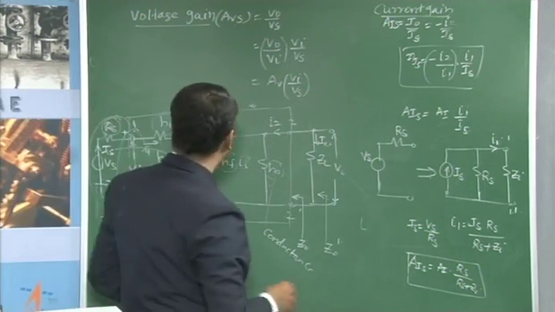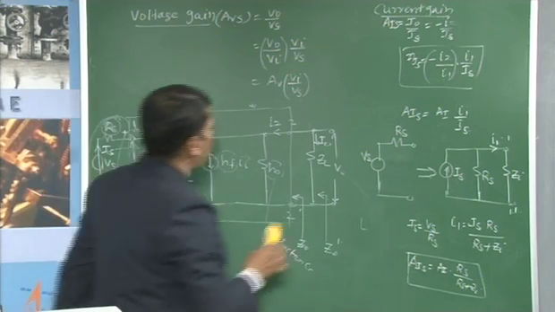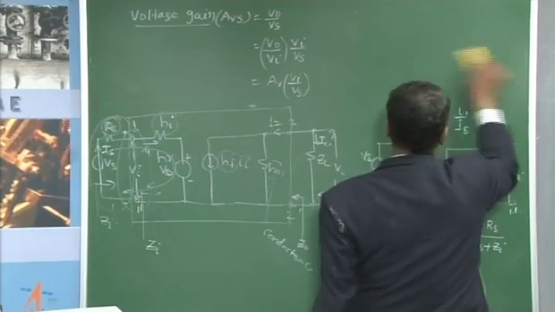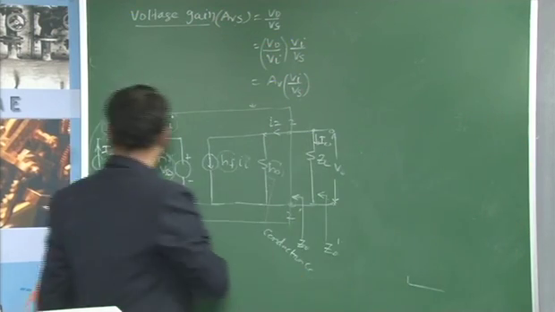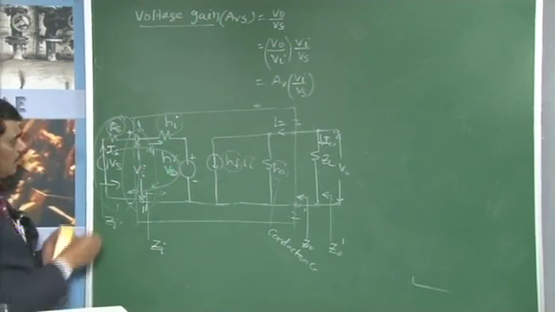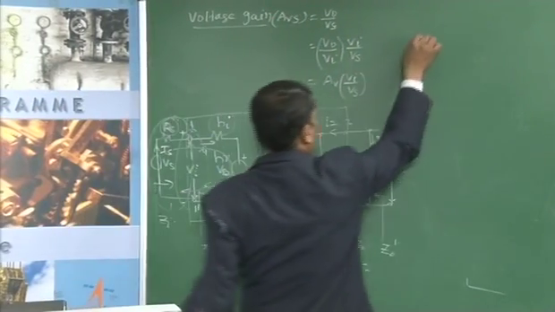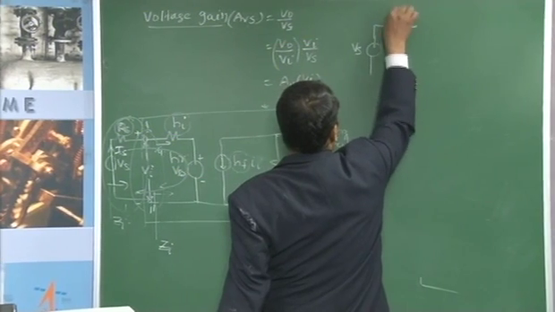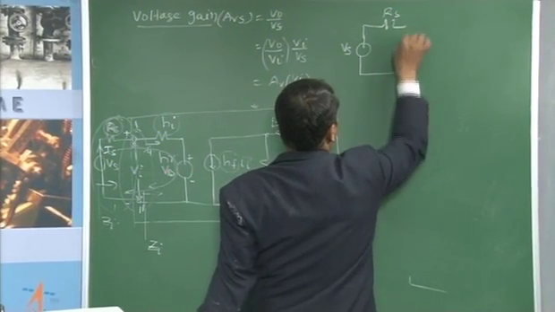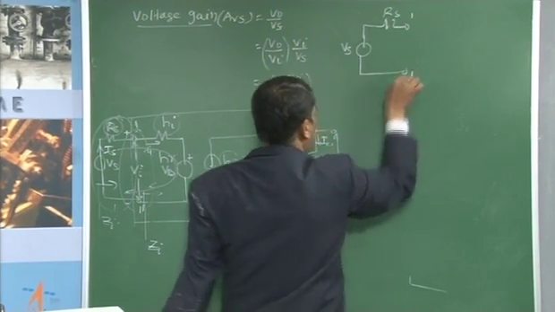How do you determine that ratio Vi by Vs? From this circuit, what is the Vi by Vs? Vs is the source and then this is the resistance Rs. This voltage is applied to the terminal 1 1 dash.